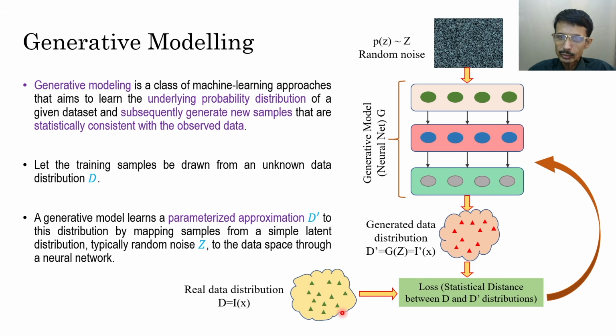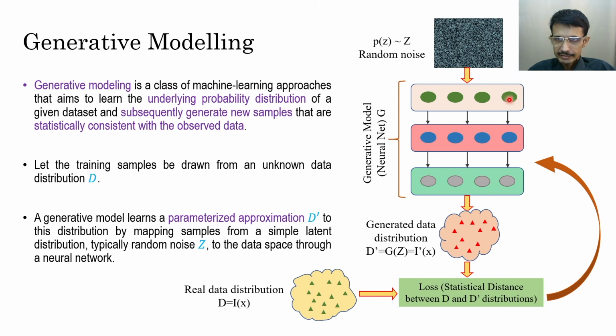We are generating some samples, and these two data samples should be statistically close. So what does this mean? In another way around, we are trying to find this unknown statistical distribution by virtue of generating similar samples.